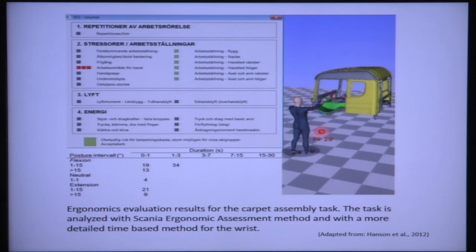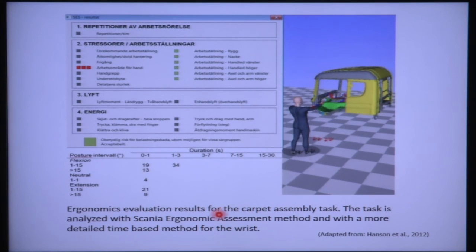Using that IMMA tool they are demonstrating here the ergonomic evaluation of a carpet assembly task. In this vehicle they are putting the carpet on the floor, and in that assembly activity or task simulation they evaluated posture and different types of lifting, various ergonomic stressors, and repeatability; all these variables they studied.